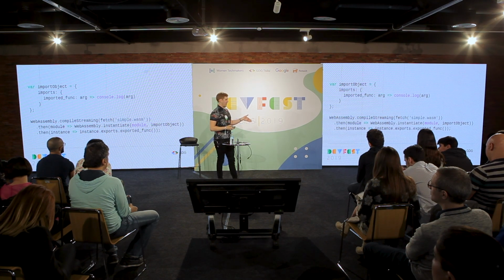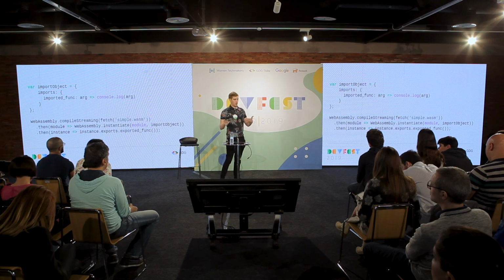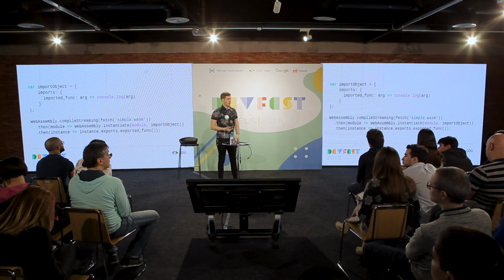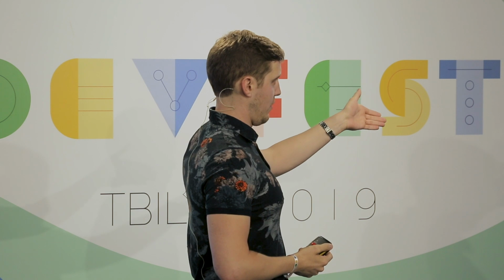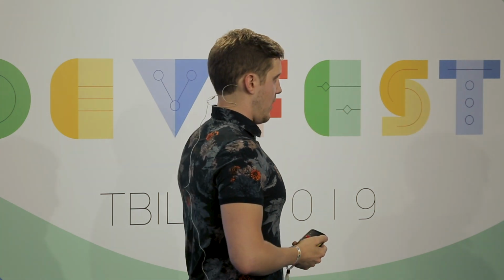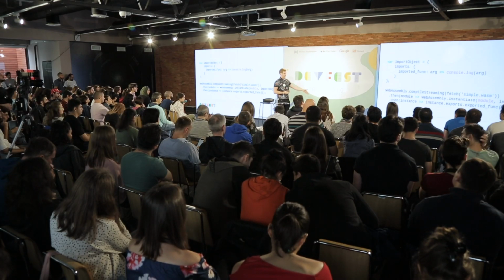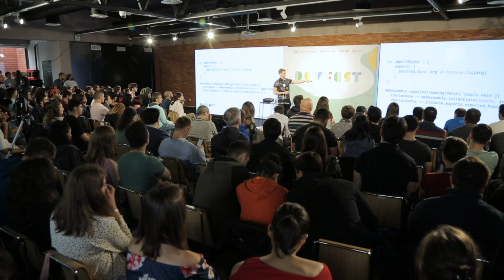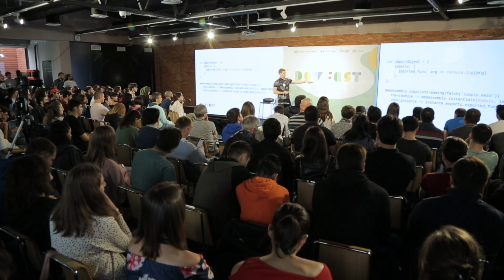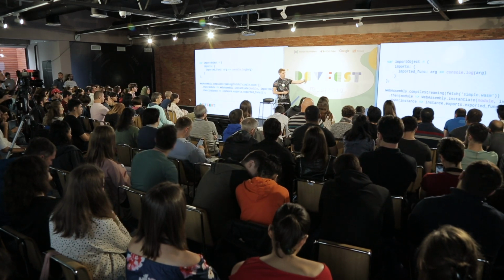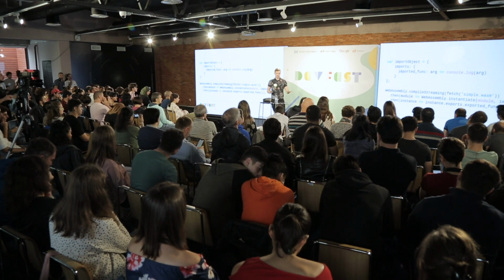WebAssembly allows you to import things into it, so you can call JavaScript functions from a WebAssembly program. In this case, we're just going to pass in a function called imported func, and it's just going to log out any argument that it receives. That's the second line there, WebAssembly.instantiate with the imported object. And then next we're going to use the instance of the module to call one of our exported functions from our WebAssembly program.